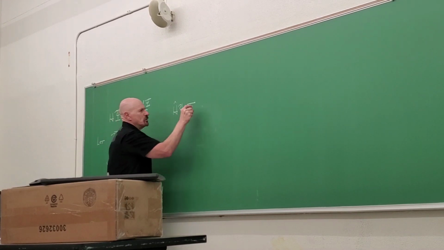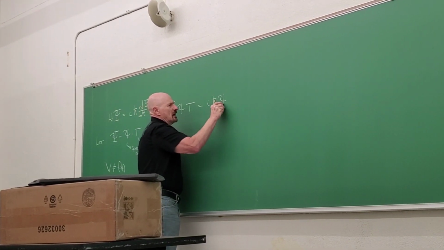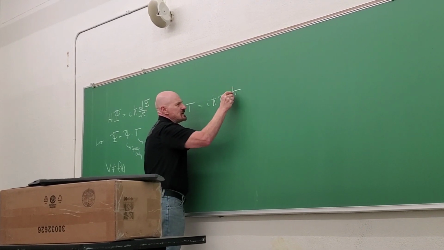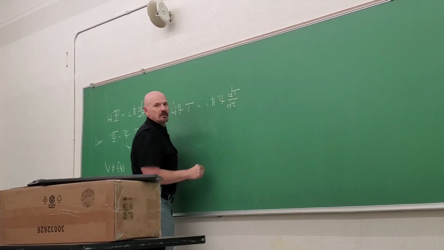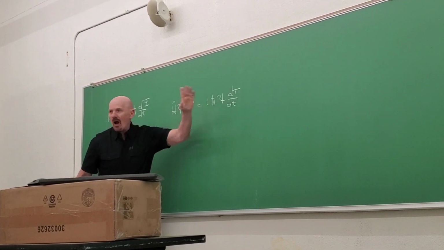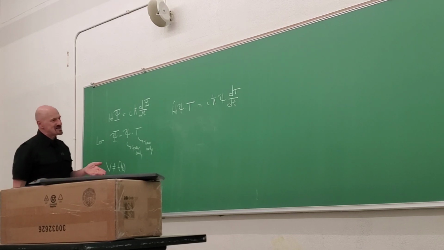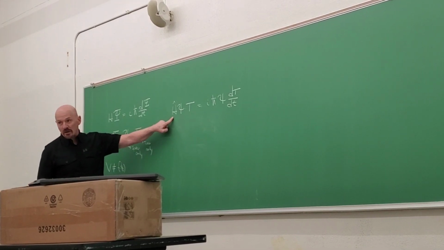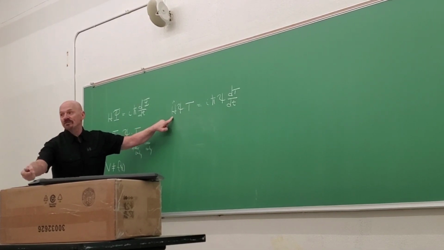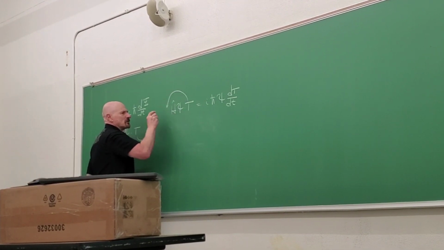This will be equal to i h bar psi dT d little t. Because this is space only, the operator, the derivative of time isn't affected. Similarly, the Hamiltonian has only space parts. Okay? That means the T can come out in front.